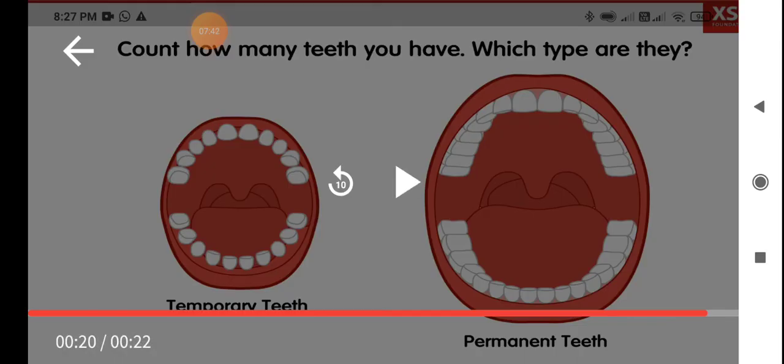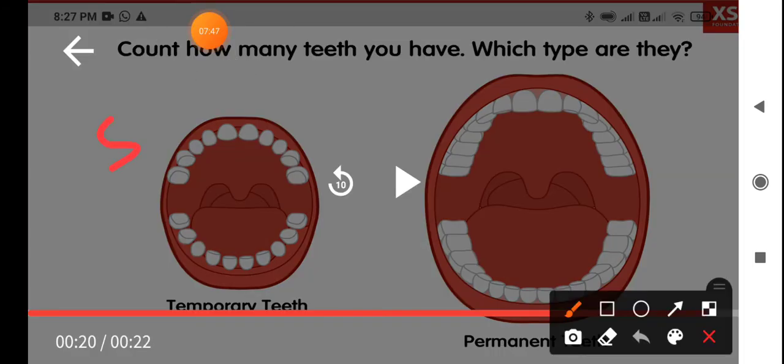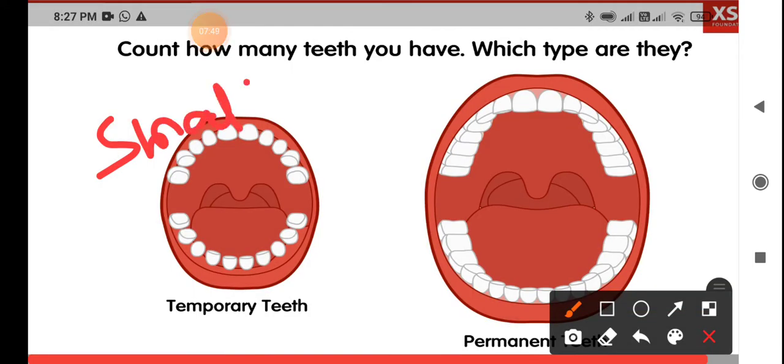So they are big in size. Temporary teeth are small in size, whereas the permanent teeth are big in size. You can understand by seeing this picture. And permanent teeth are very closely packed, whereas temporary teeth have some space in between them.